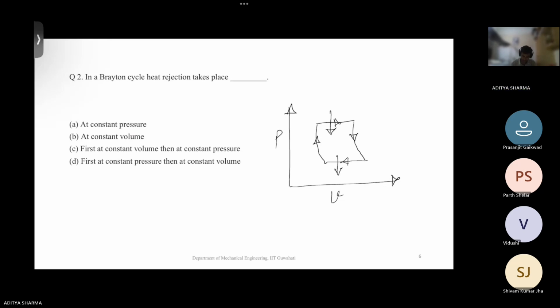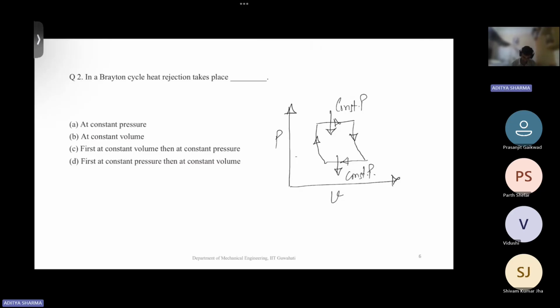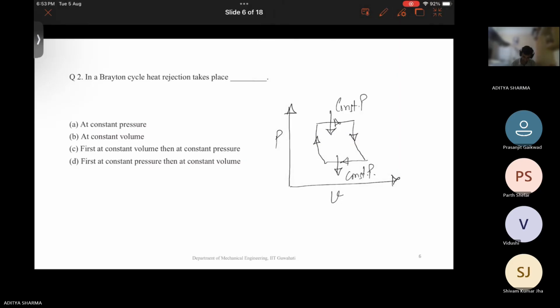So this is a constant pressure process. This is also a constant pressure process. This is constant volume, this is constant entropy process, this is also a constant entropy process.